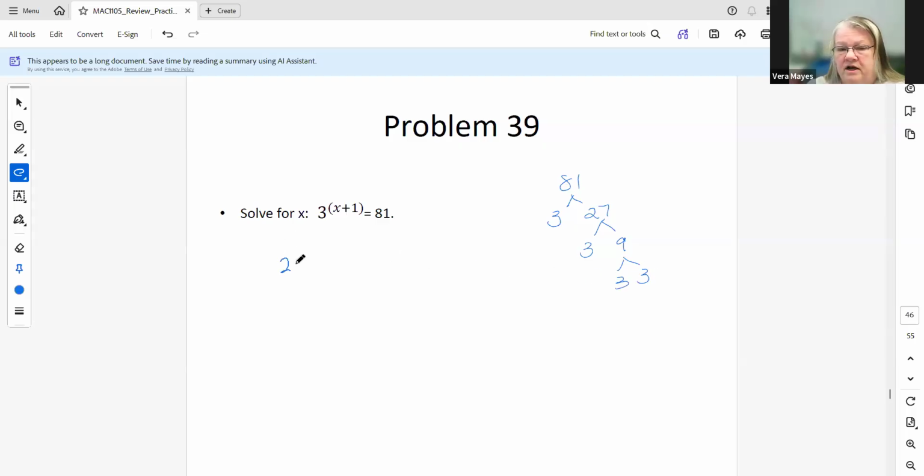So this is perfect to use where we get the bases the same on both sides. How many 3s? 1, 2, 3, 4. Bases are the same, so the exponents have to be the same. So I just solve for x, and I get x is 3. So if I were to put a 3 in here and put it in my calculator, I would get an answer of 81.